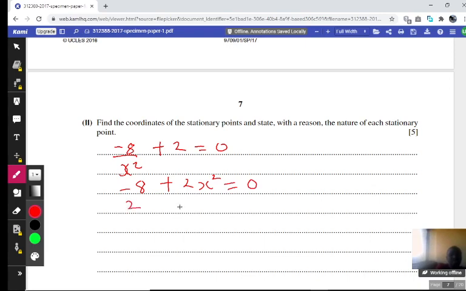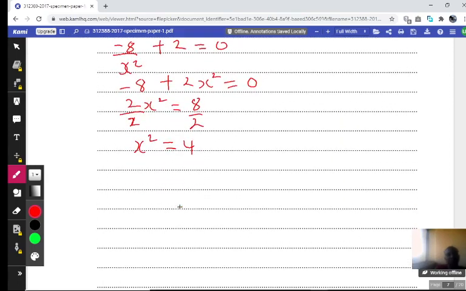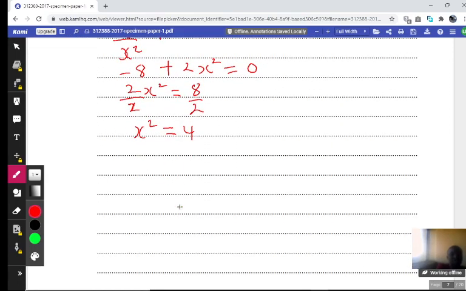Then here you simplify: 2x squared equals 0 plus 8, which is 8. Then divide by 2, and you get x squared equals 4. Now what you want is x, so x equals the square root of 4. Remember, the square root of a number is plus or minus.